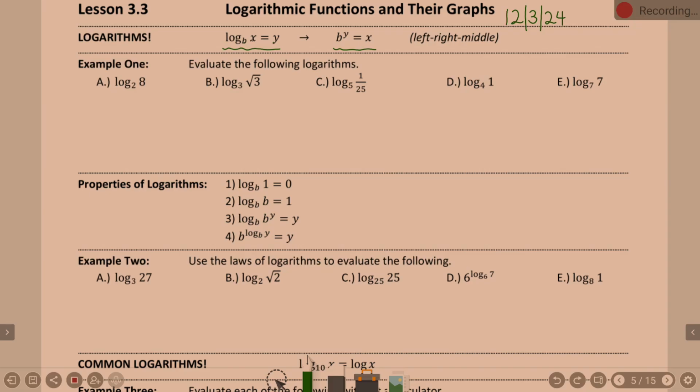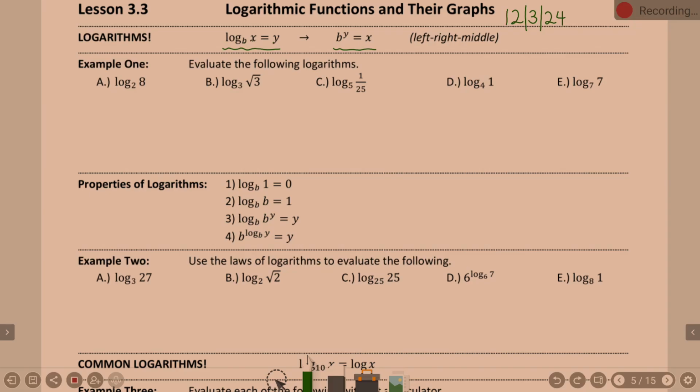So when I rewrite it over here, the base on the left raised to the y on the right is equal to the x from the middle. And that's kind of an easy way to remember how to rearrange your terms when you're going between log and exponential form.